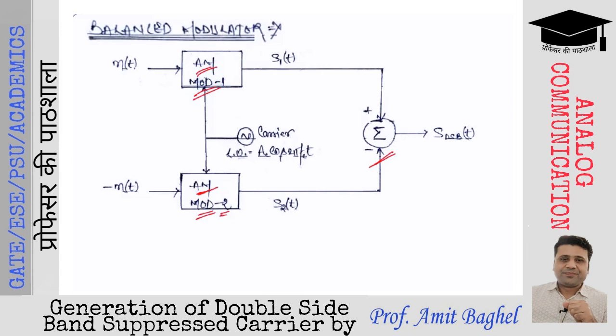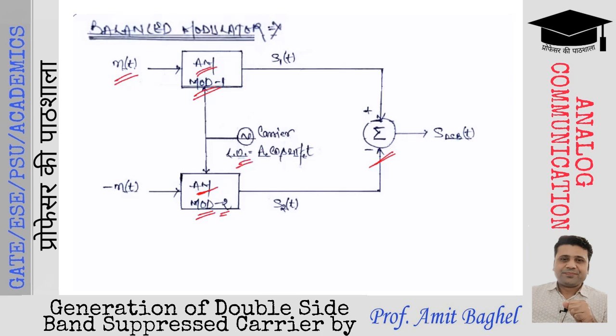The input to the standard AM modulator 1 is MT as well as CT. CT कहां से जनरेट किया जा रहा है? CT is generated with a local oscillator. So a carrier signal is generated with the help of a local oscillator, and the expression of the CT is AC cos 2 pi FCT.